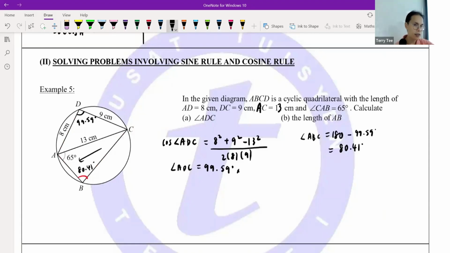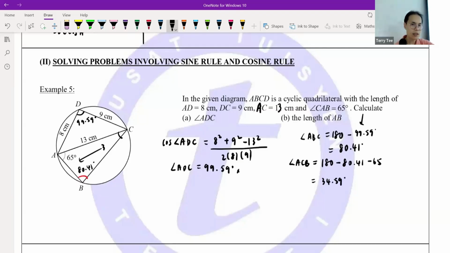Now AB is opposite to angle ACB, so I need to find ACB first, which is 180 minus 80.41 minus 65. Basically, I can just take 99.59 minus 65. That will give us 34.59.